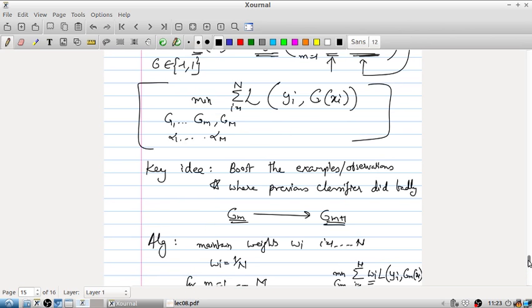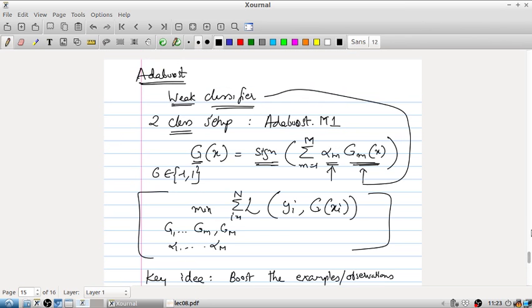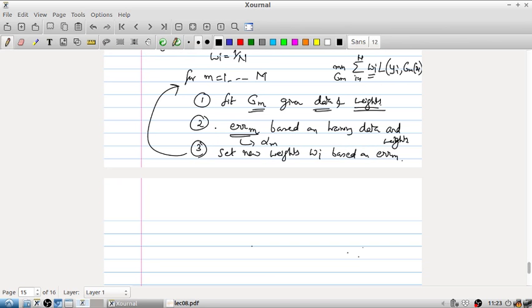It's just log of (1 minus error) divided by error, or something like that, some simple function. And at the end you will get G of x equal to sign of the sum over m equal to 1 to M of alpha m Gm of x.